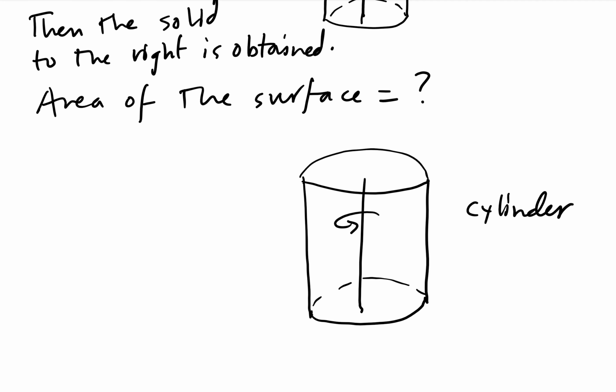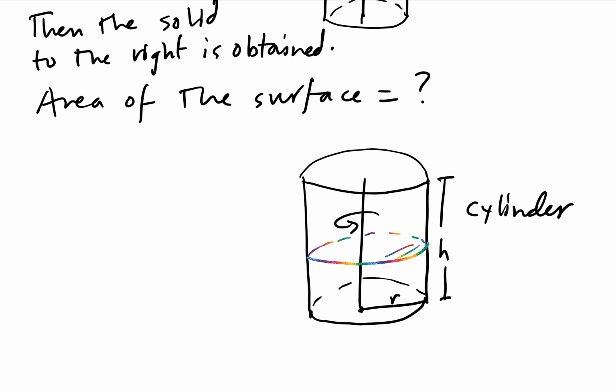So how do I find the surface area of a cylinder? Well, this is how it goes. Let's say this cylinder has radius r, height h. Even in elementary school, when we show the students, we say we take a slice. So you slice it.